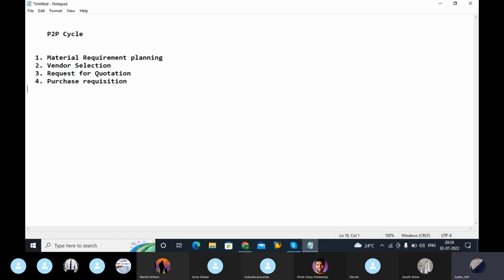An employee belonging to the department needs to raise a purchase request or purchase requisition. This PR needs to have information like the name of the material, quantity, quality, expected date of delivery and expected price. These are all in the purchase requisition.